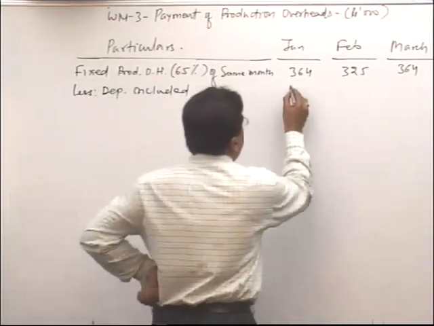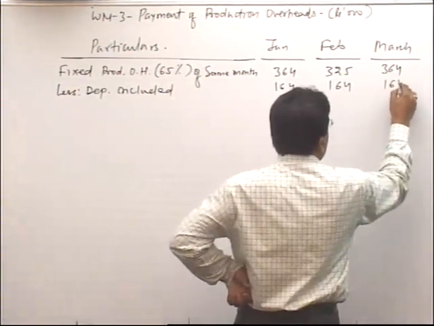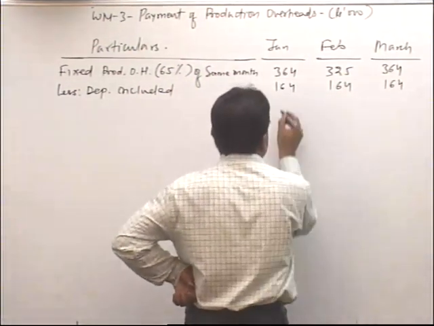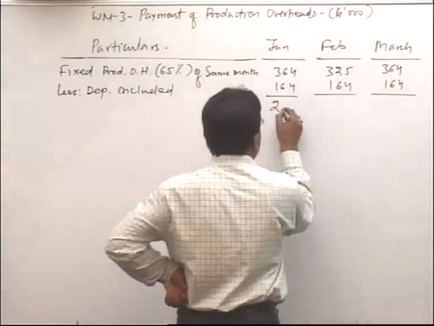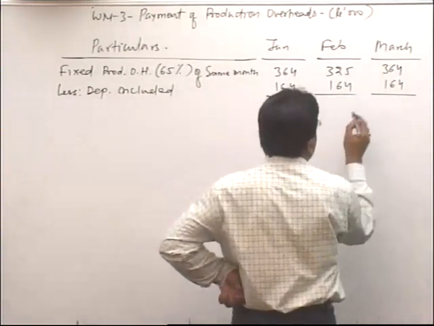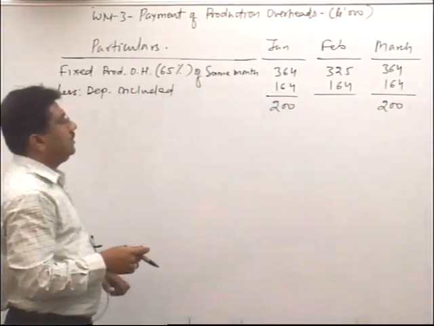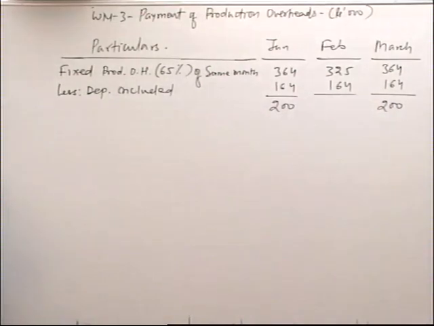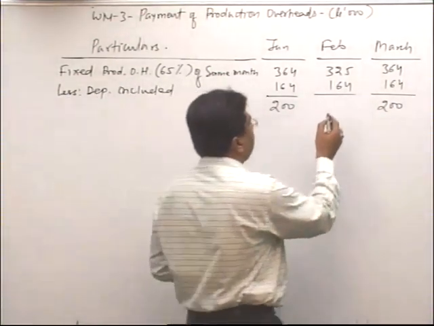It is 164 every month according to the instruction given in the question. So whatever is the resultant figure, that is your cash fixed production overhead. So in January it is 200, March it is 200 and in February it will be 161.